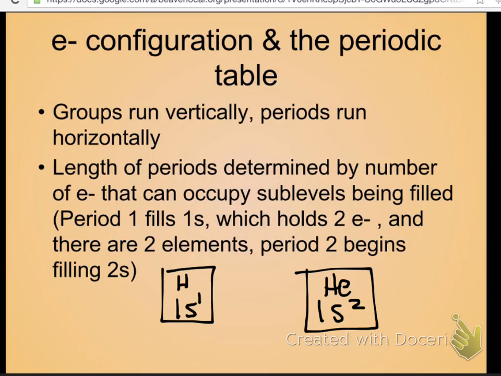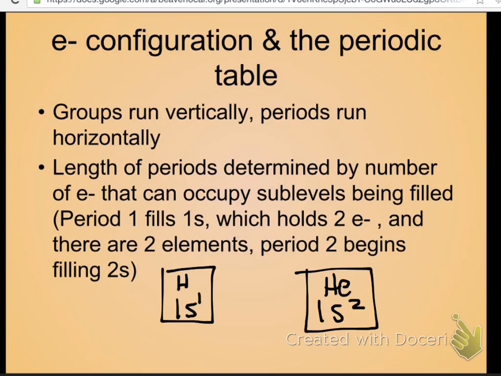Okay. These are the elements of the first period. Great. What sub-level or sub-shell or sub-shells are we filling here? 1s. How many electrons can 1s hold? Answer with your fingers. How many elements are there in this period?